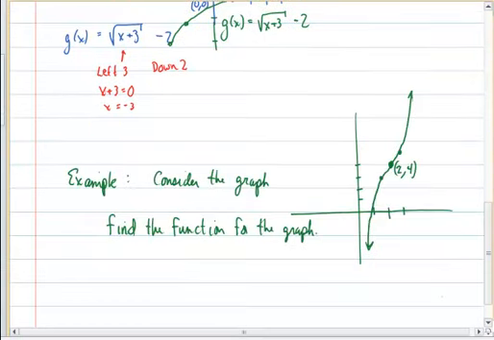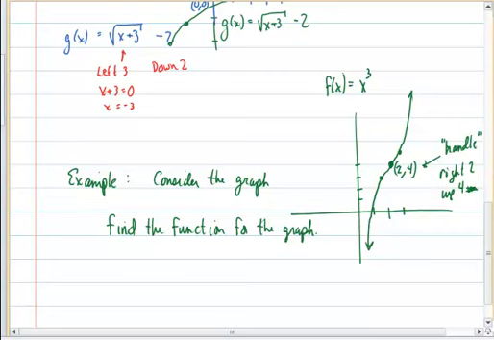Now let's consider this example. Consider the graph over here to the right. It looks kind of like the function f of x equals x cubed. Well, I have noted here in the example that this is the handle of the function, and we can see here that it's been moved right 2 units and up 4 units.